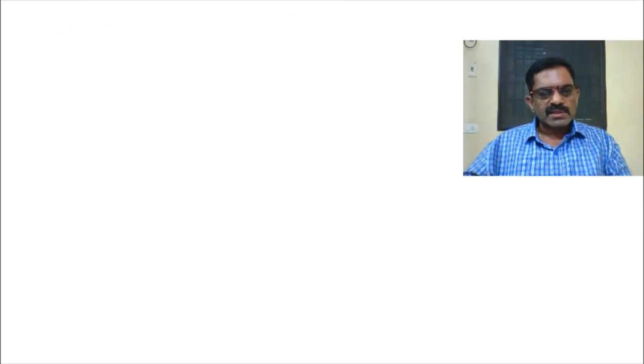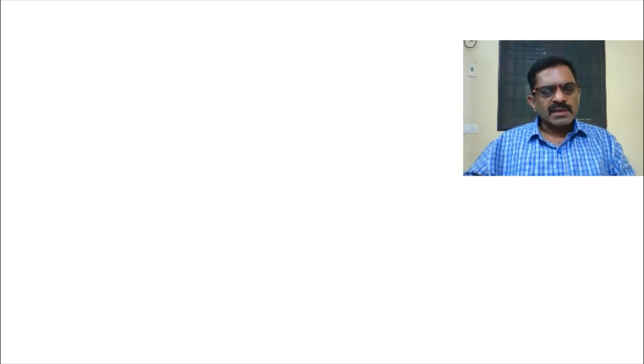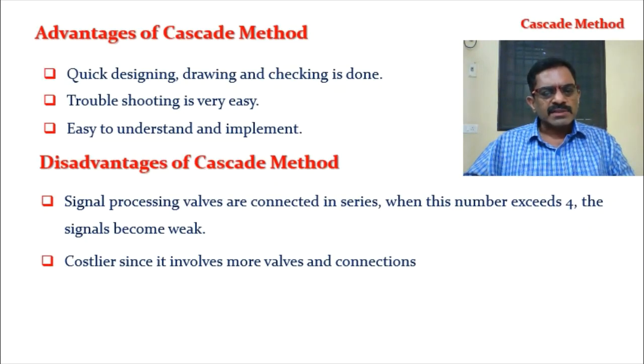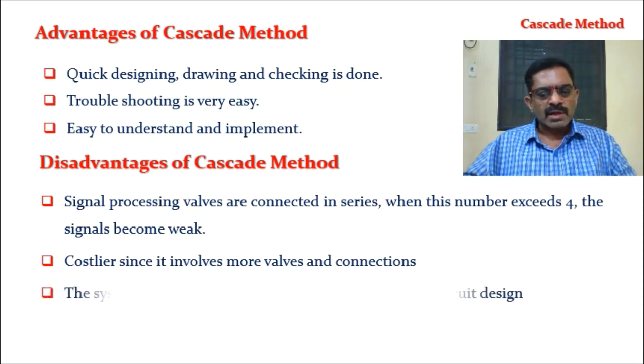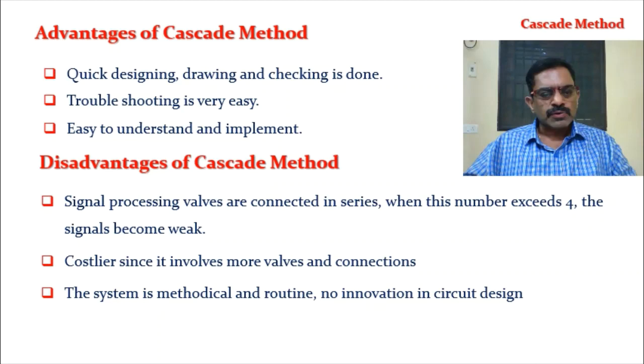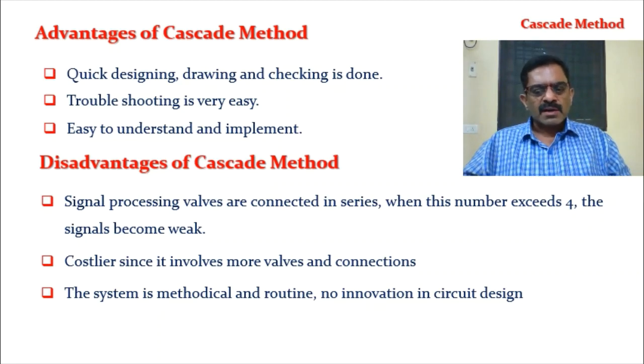So, advantages of the cascade method: quick designing, drawing and checking is done. If you remember all those rules, you can quickly design this. Drawing and checking can be done very easily, and the drawing can also be drawn very easily.